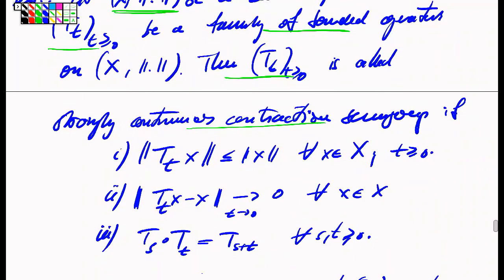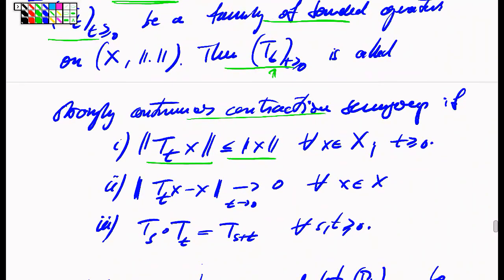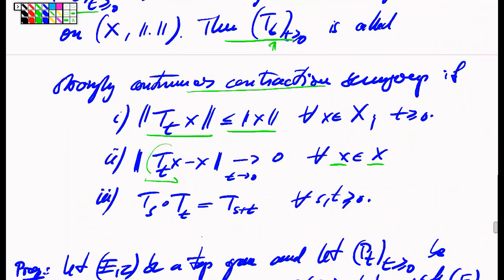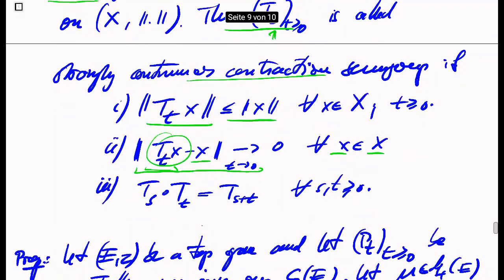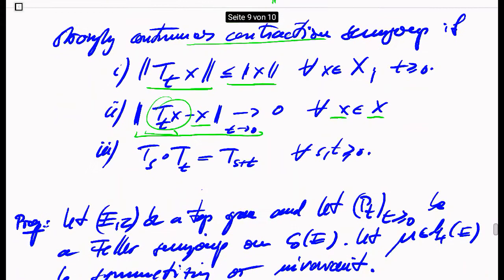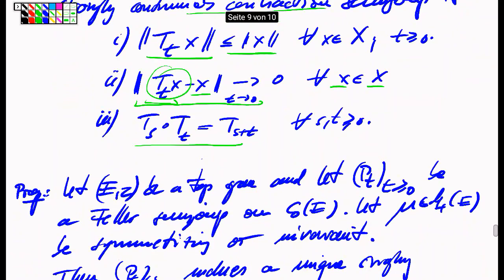And we want that for each parameter little t, the corresponding operator is a contraction as an operator on this Banach space. And then we want that these operators are strongly continuous, which means that for any x in the Banach space, the operations of T_t acting on x converge to x strongly in this Banach norm. That's this strong continuity at t equals 0. And finally, we want that this semigroup property holds true.